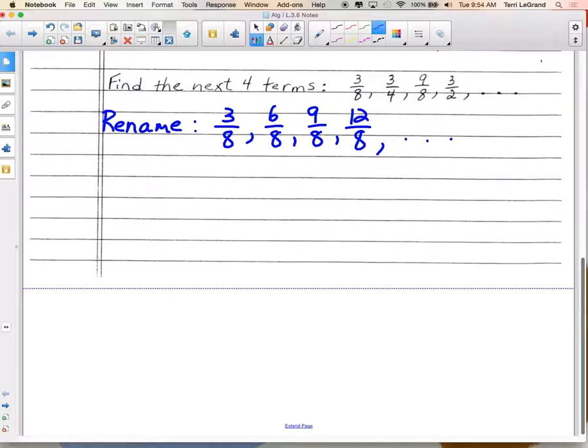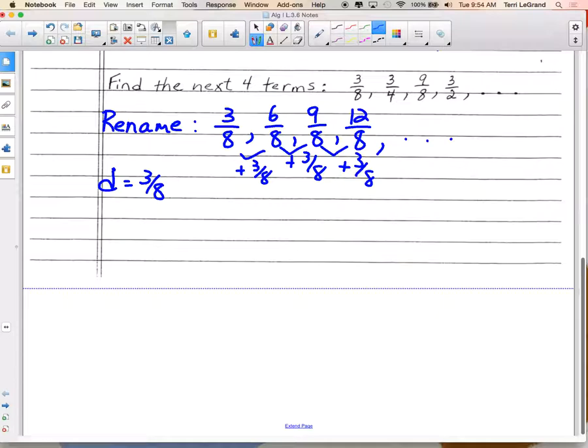So what's our common difference in this one? Going all the way to 3/8, it's going up by 3/8, plus 3/8, plus 3/8, plus 3/8 every time. So our d is equal to 3/8. We don't have to put the plus. We always add our common difference, so sometimes it's positive, sometimes it's negative.